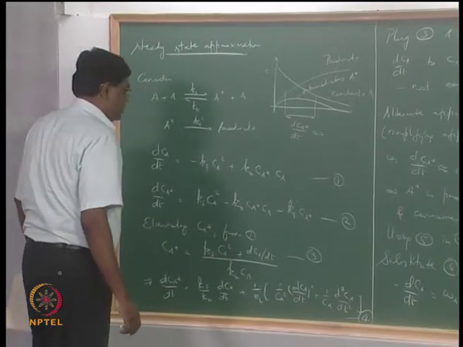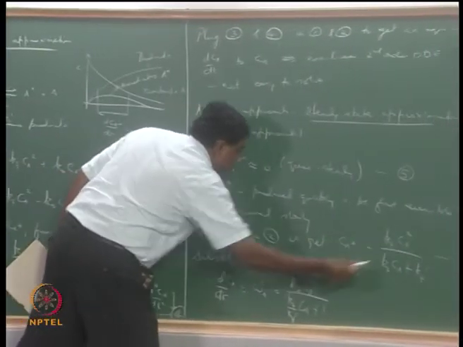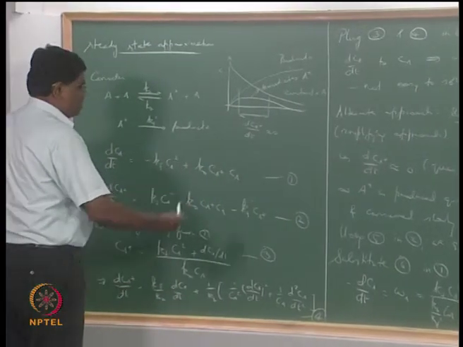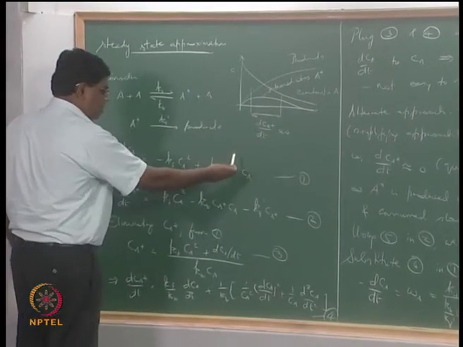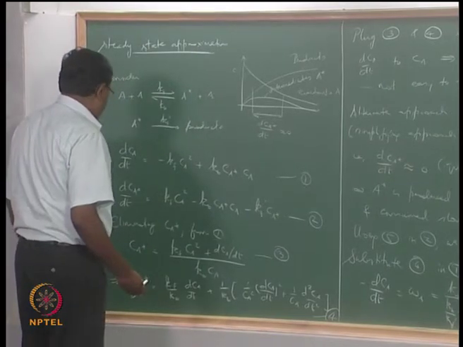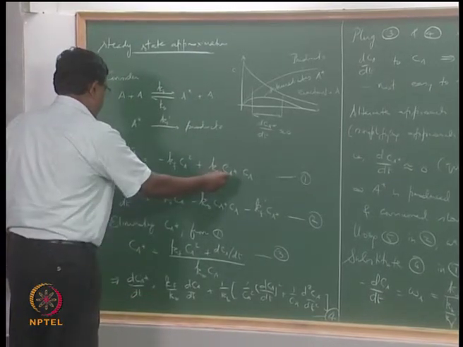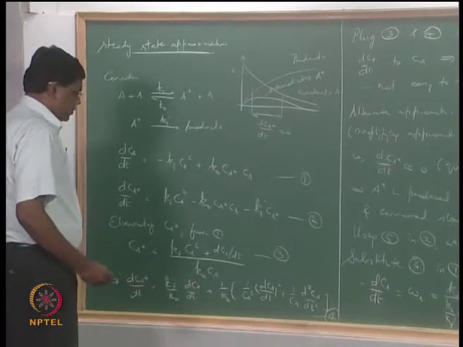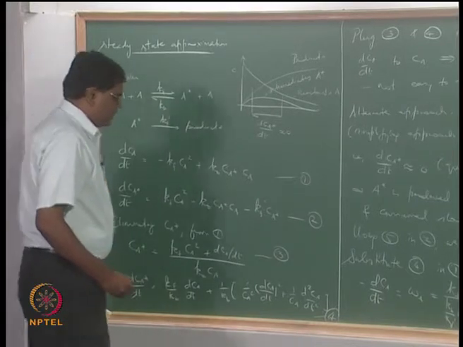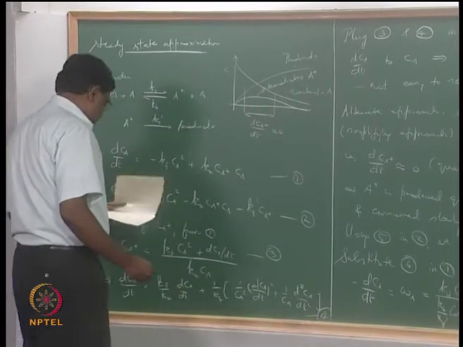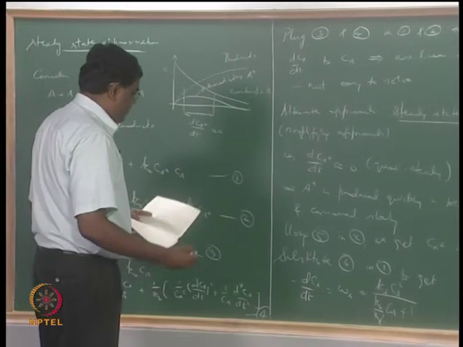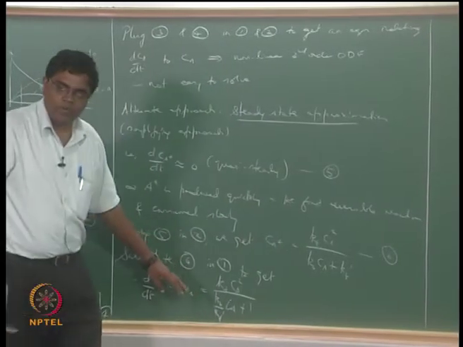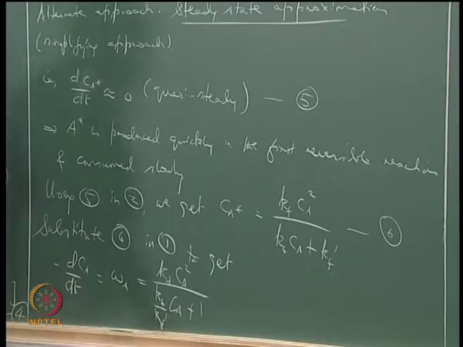What we have done is take the expression for Ca star from 6 and plug it in here, and then you can rearrange because you have a Ca squared there, and you should be able to get your dCA over dt, right. So what you are getting is Kf Ca squared divided by Kb divided by Kf prime Ca plus 1. Okay, so where does this take us? What is our original aim?